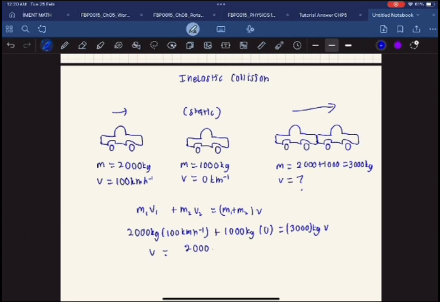Alright, finally, using a calculator, we will be able to calculate the value of the velocity of both cars after they collide. And finally, the value is 66.67 kilometers per hour.